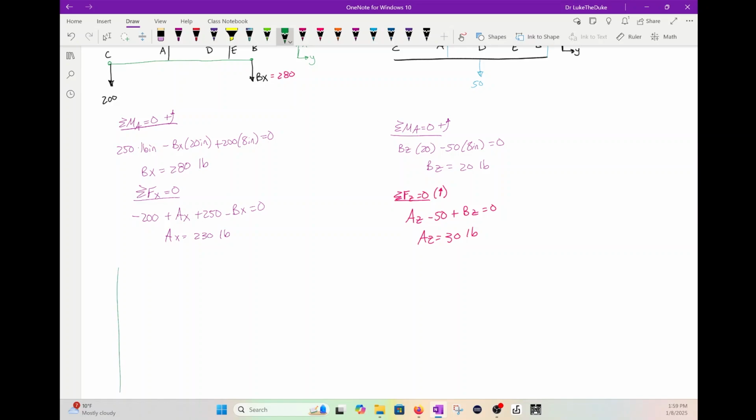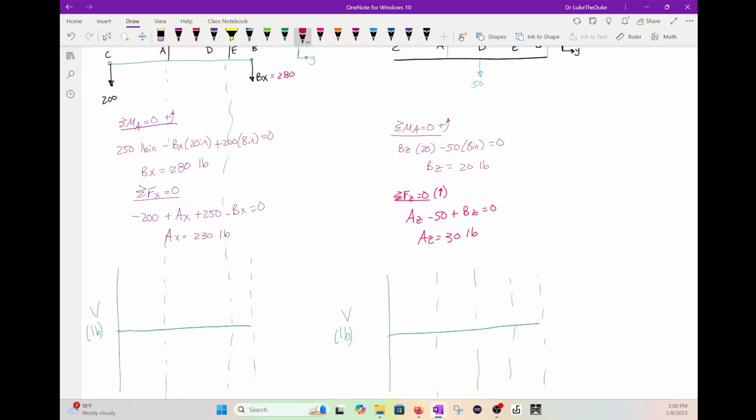So let's do the shear together, okay? And I'll do dotted lines. So this is going to be shear, in pounds. So we're looking at the XY plane.